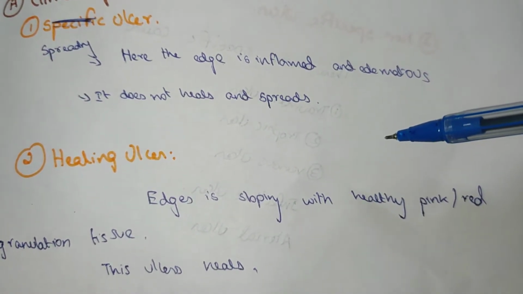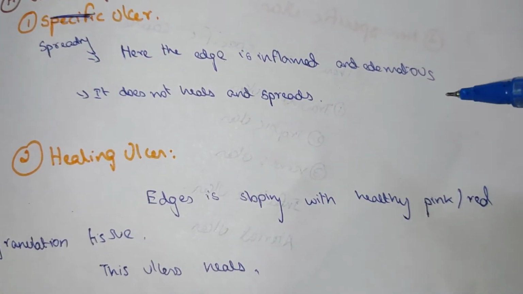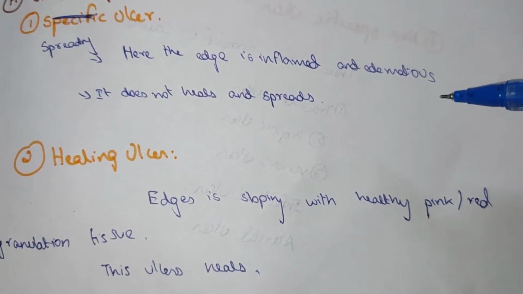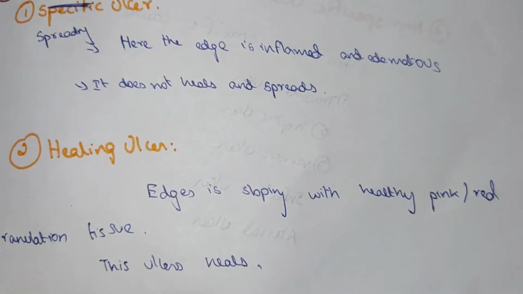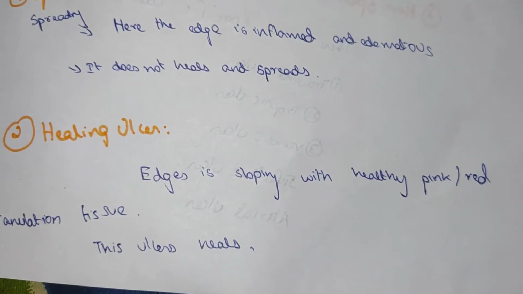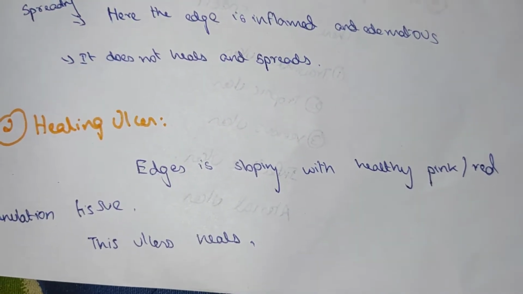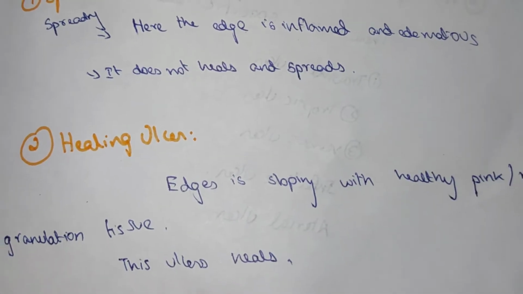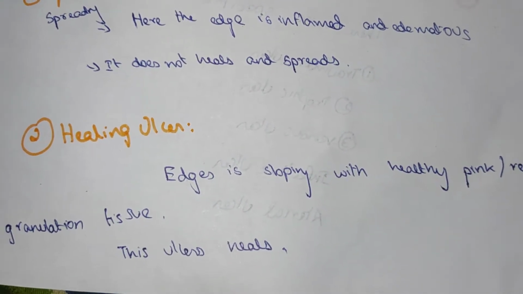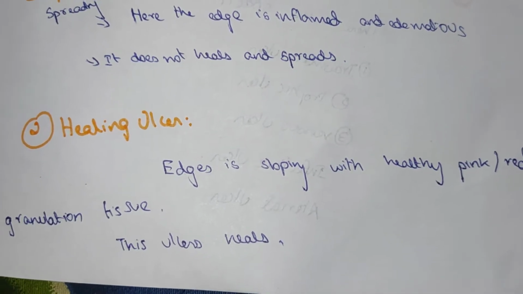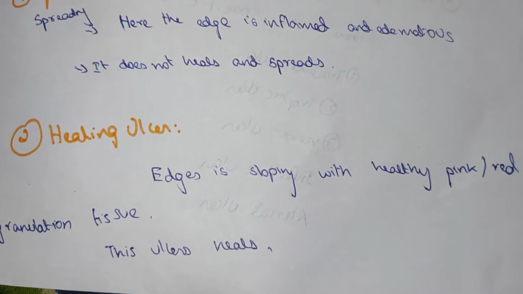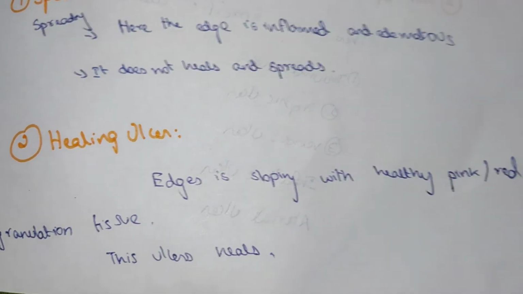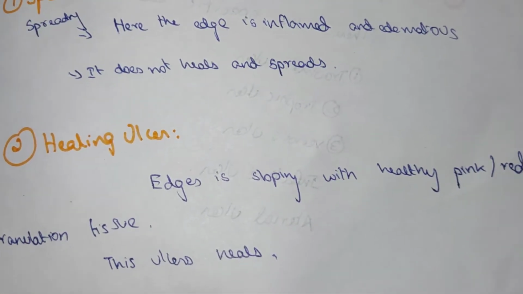Edges are sloping with healthy pink red granulation tissue and this ulcer heals fast. When there is a sloping edge, it heals faster than the normal edge because the healing takes place at the center first as well as at the top next.